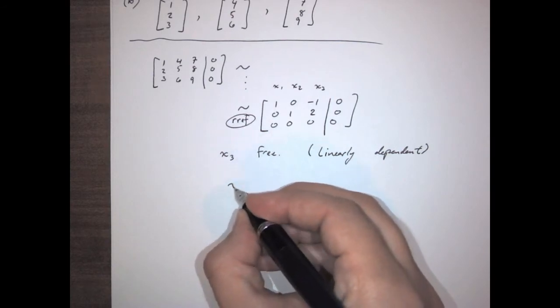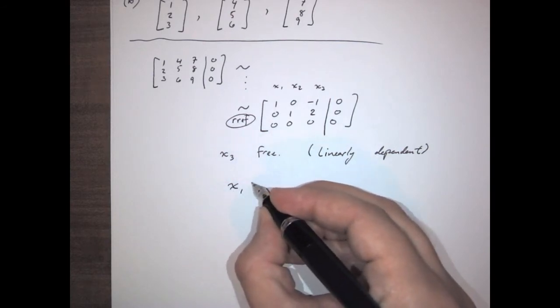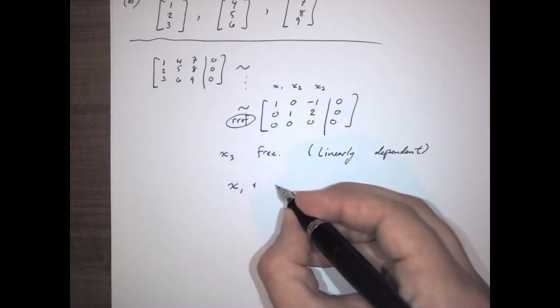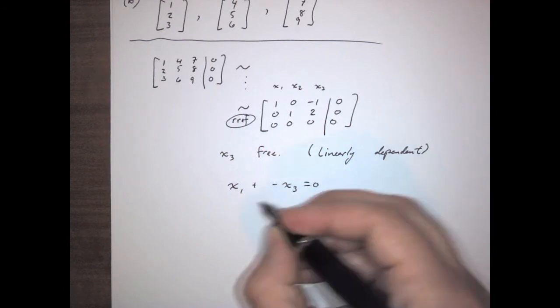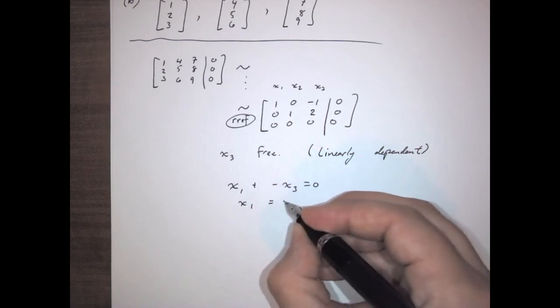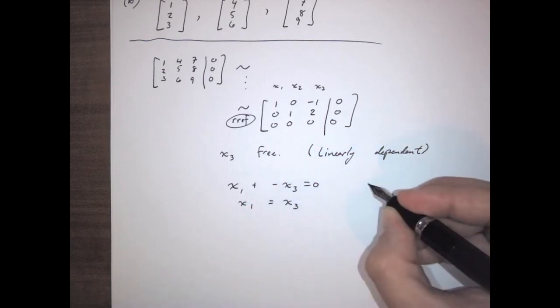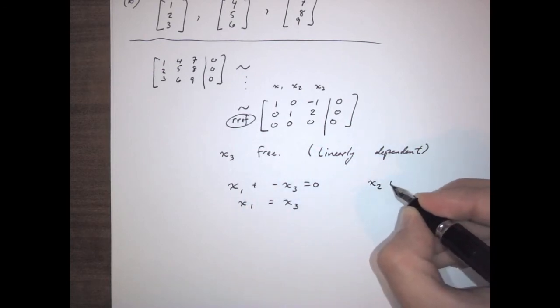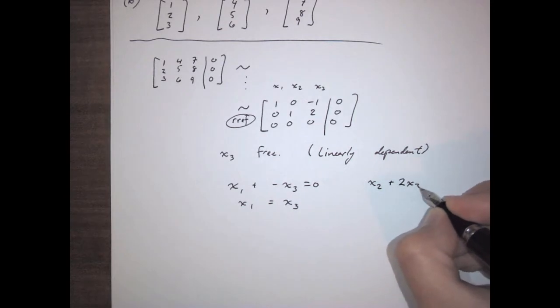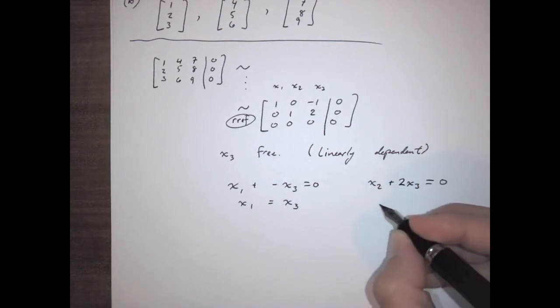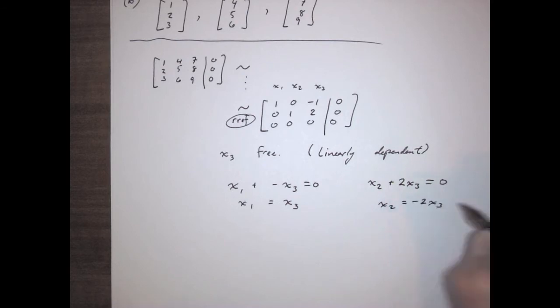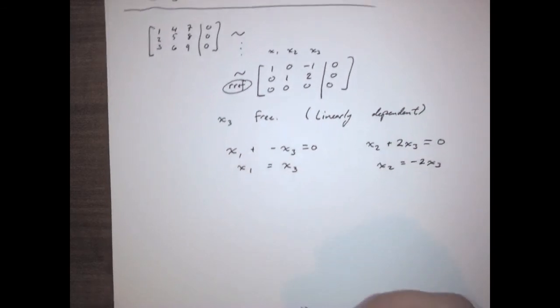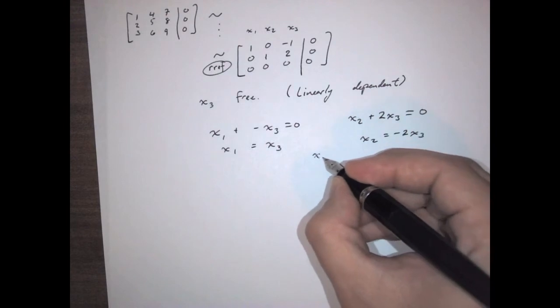But we can go further: x1 plus negative x3 equals 0, which means x1 equals x3. And x2 plus 2x3 equals 0, which means x2 is equal to negative 2x3. And of course x3 equals itself.